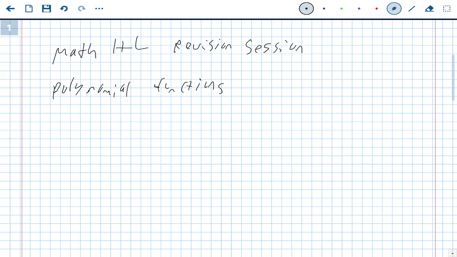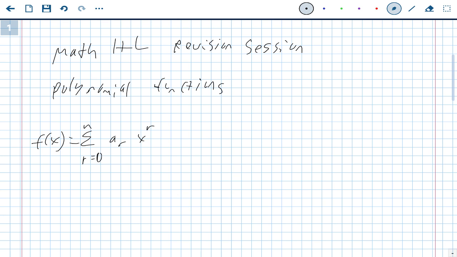Okay, so I'm going to start with polynomial functions. The general definition, which I don't know if you need to know, but it's certainly in the syllabus, is basically this: some function is equal to this.